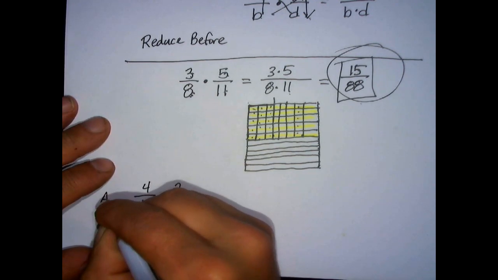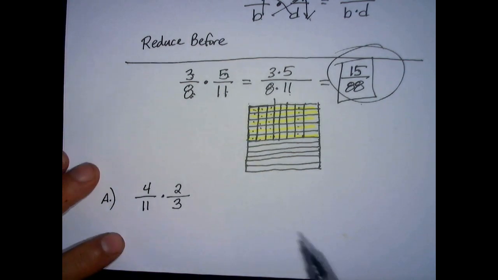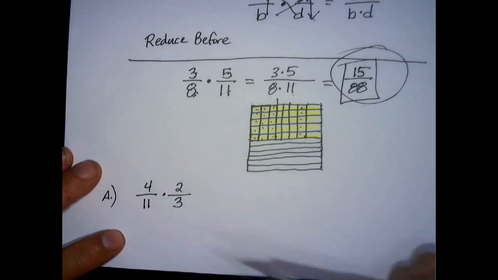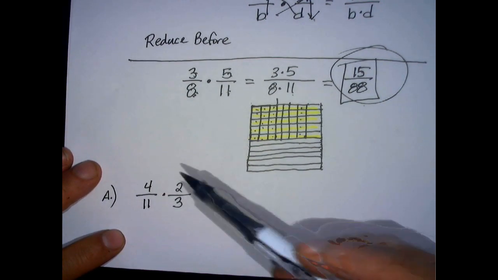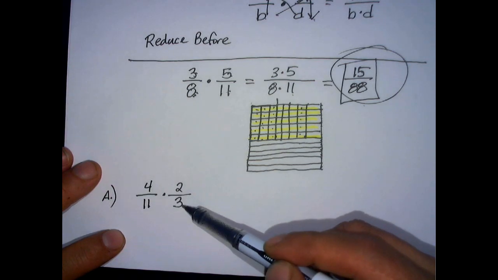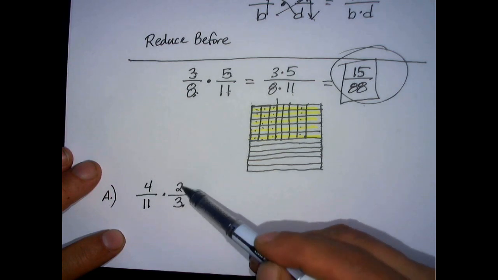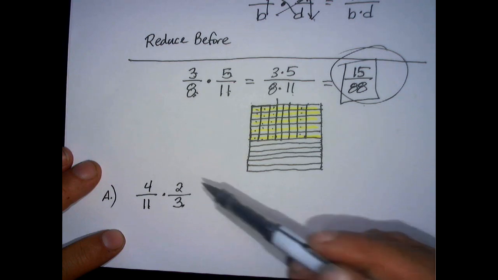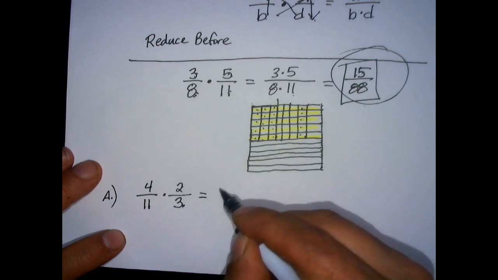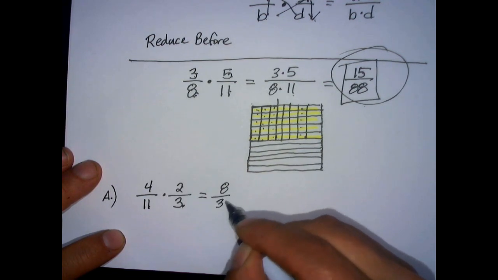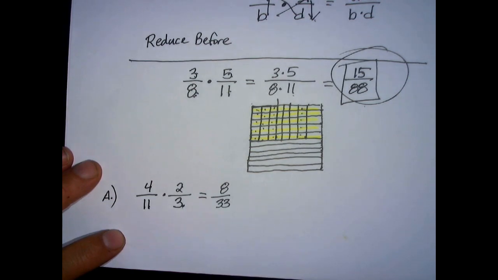I think I was very easy on this one too. Okay, so do 4 and 11 have common factors? No. Do 4 and 3 have common factors? No. Do 2 and 11 have common factors? No. They're all coprime. So now we can multiply straight across. 8/33. Easy peasy.